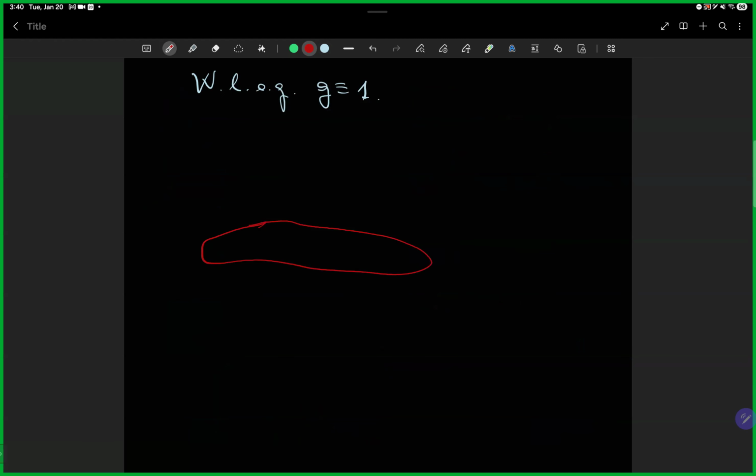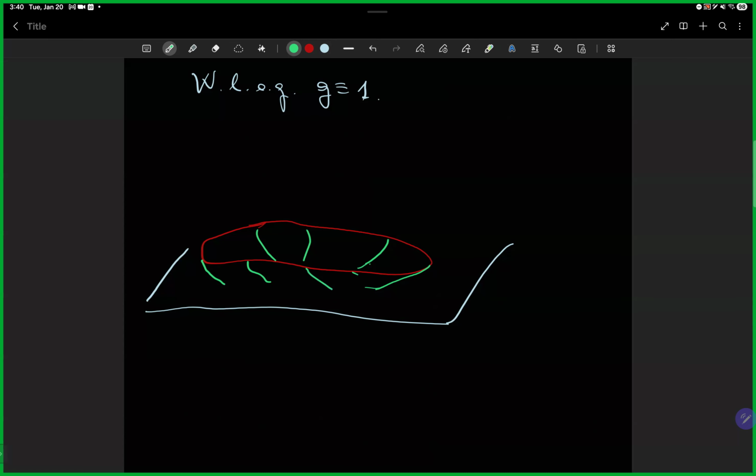Let me draw the plane a bit closer now. And now my elastic membrane will bend because of gravity. If the metal wire is close enough to the plane, then the membrane will touch. And so there will be a region here where my elastic membrane touches the plane.